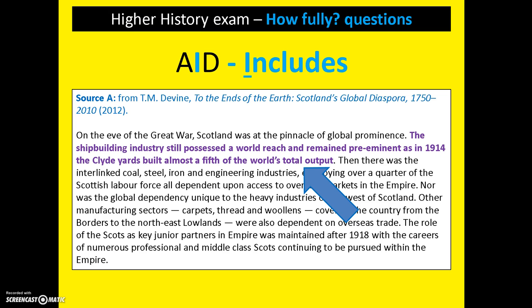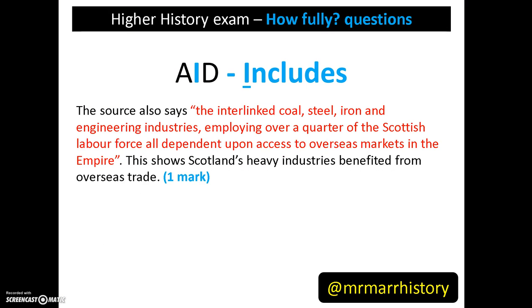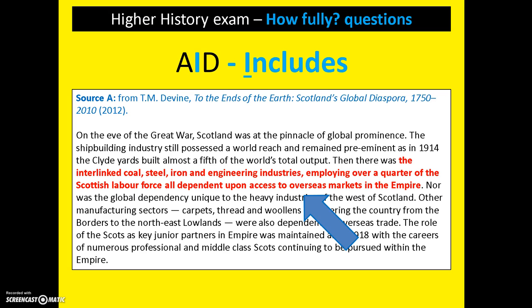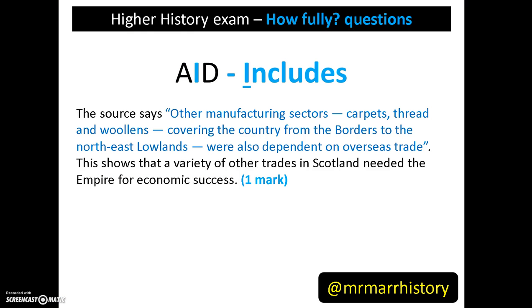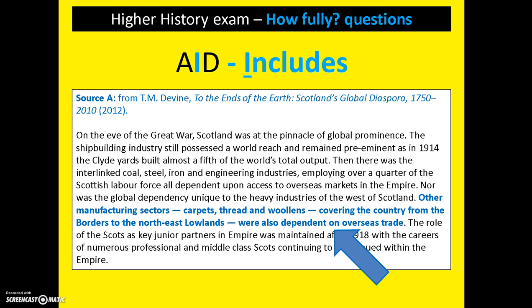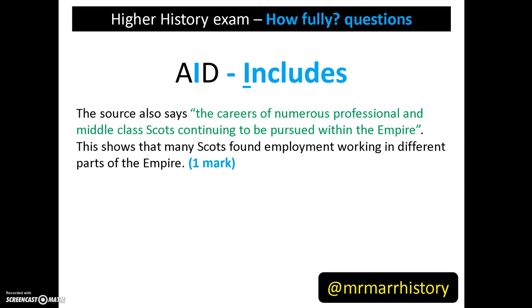A quick look at the source as well identifies where we found the quote that we've used. We can then do this for a further 3 points, because there's up to 4 marks available for quoting from the source. Again, you can see the location of the source. We do it a 3rd time, and finally we give a 4th point.